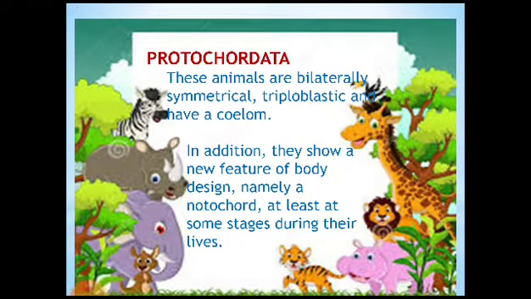The next phylum is Protochordata. These animals are bilaterally symmetrical, triploblastic and have a coelom. This also has similar characteristics, but there are certain points of difference. In addition, they show a new feature of body design, namely a notochord, at least at some stages during their lives. Now what is a notochord?